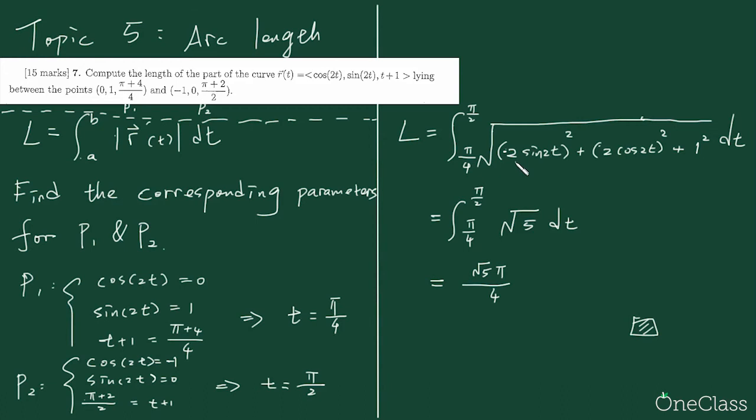Also by some luck we have sin squared 2t plus cos squared 2t, which gives 1, and finally we get the result: the square root of 5 times pi over 4. So we finish this question, and also we finish this topic.